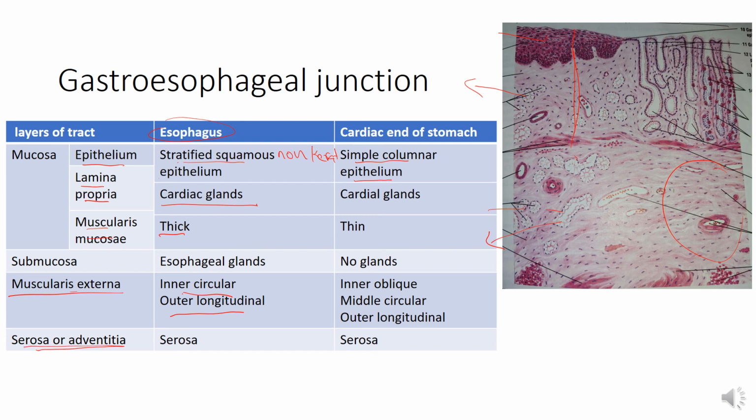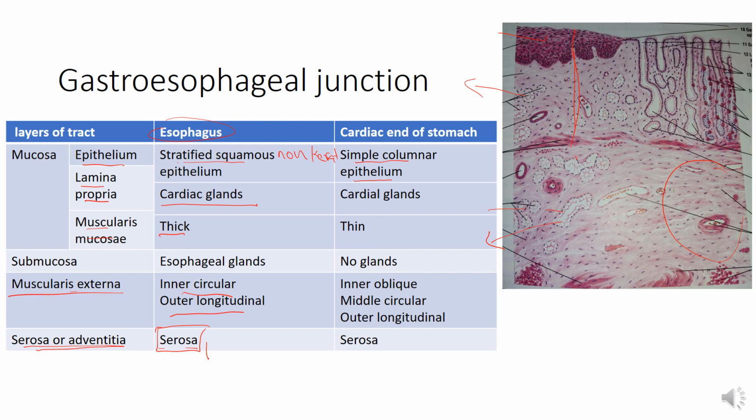In case of the esophagus, the lower end near the stomach, the lower one inch of the esophagus, has an esophageal serosal lining, that is, a visceral epithelium is added to the connective tissue, while the stomach, as you know, the whole of the stomach is covered by the serosa. So the cardiac end is also covered by the serosa. So these are some differences between the lower end of the esophagus and the cardiac end of the stomach.